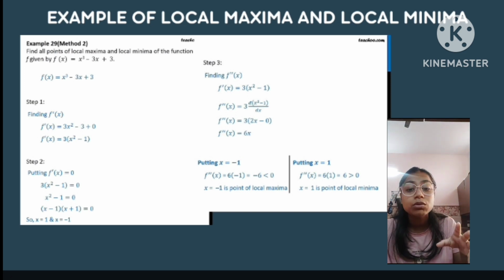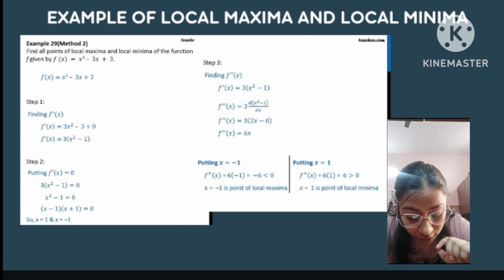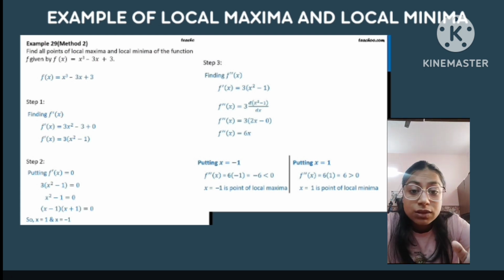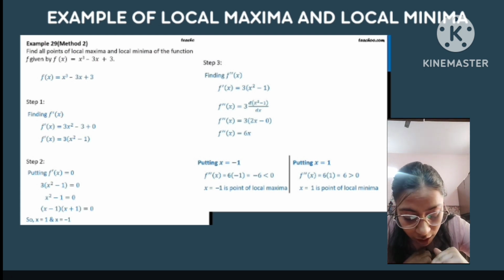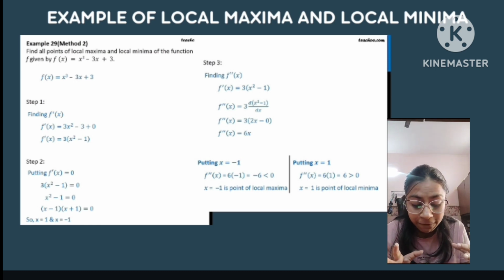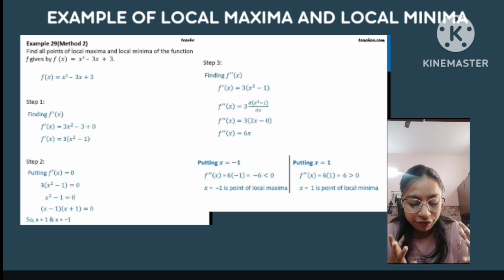Then we'll substitute our critical points in the double derivative, and if f''(x) is smaller than 0, then it is the point of maxima, and if it is greater than 0, then it's the point of minima.